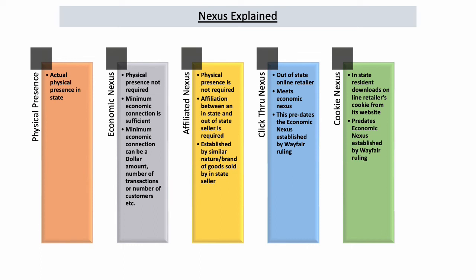So some states consider these cookies as tangible property which exists in their state and thereby gives them the right to collect sales and use tax from the out-of-state retailer.